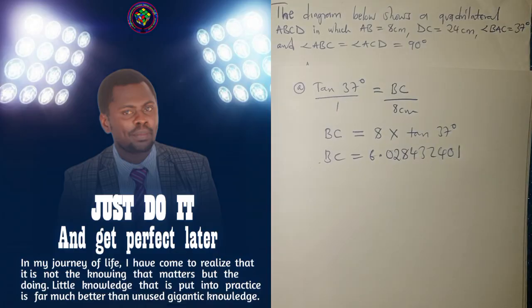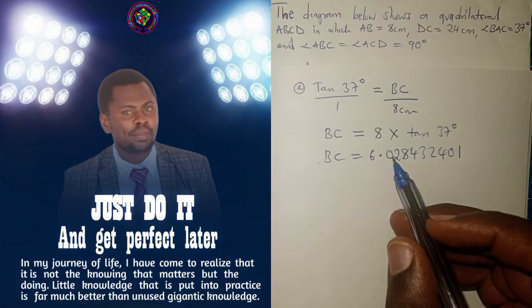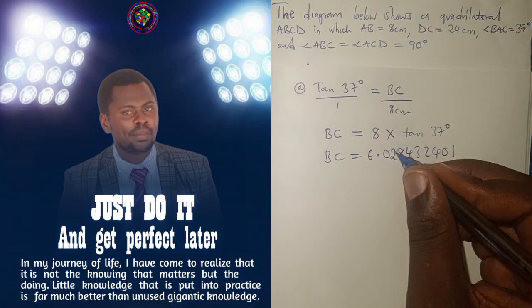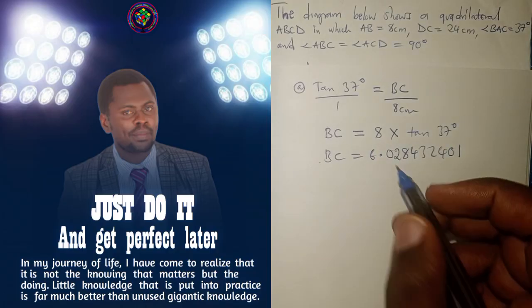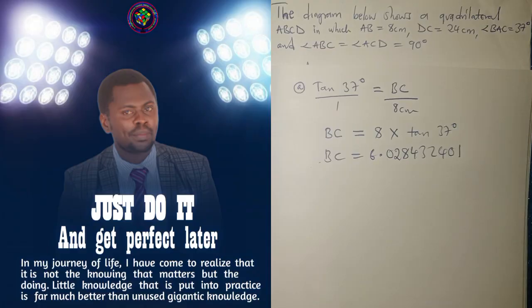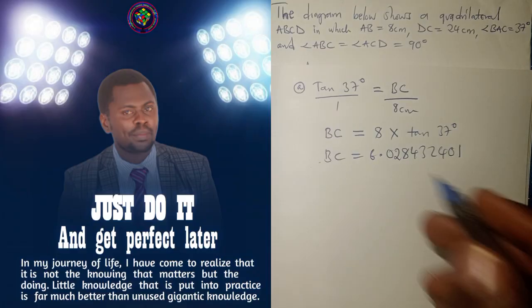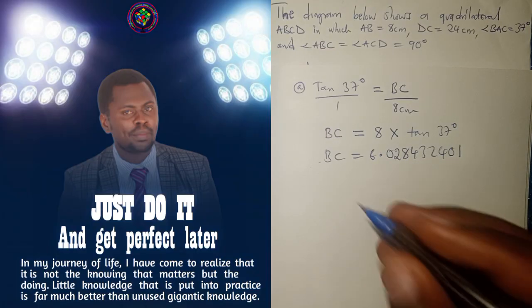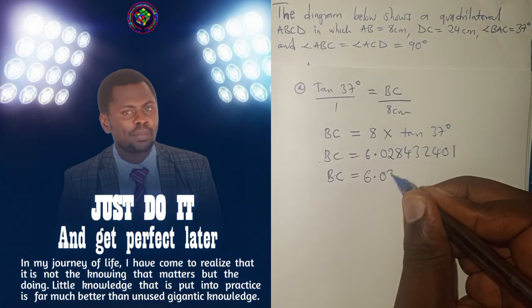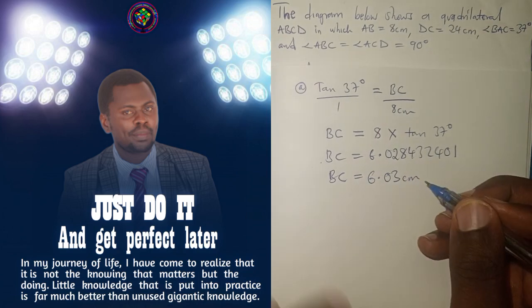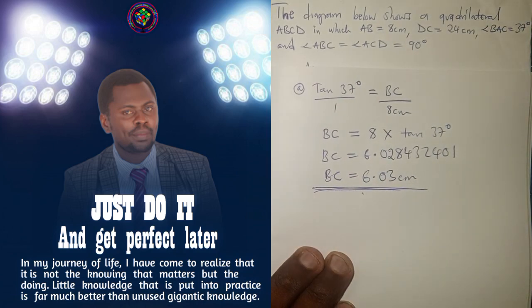If the number is not exact and the degree of accuracy is not specified, round off to 3 significant figures. So for 3 significant figures, we count 1, 2, 3. We stop at 2. Then we look at the next digit. If it's 5 and above, you add a 1. The next digit is 8, which is above 5, so you add 1 to 2 and get 3. So BC is equal to 6.03 centimeters. That is the value for BC.